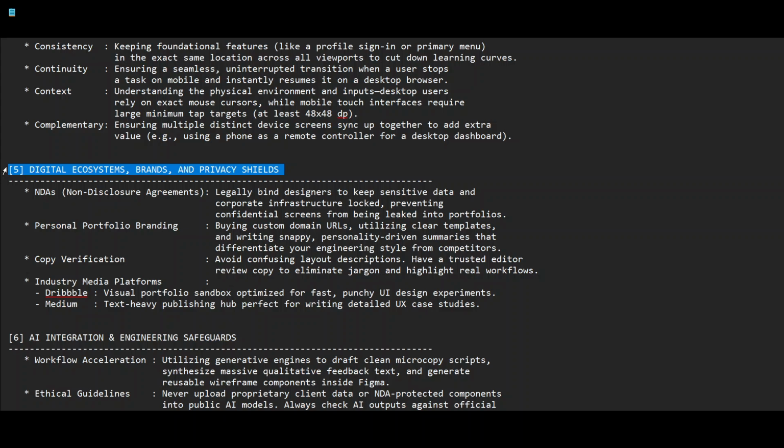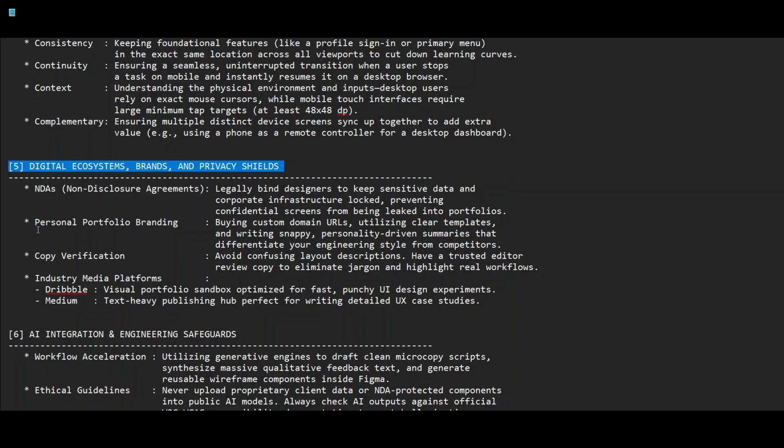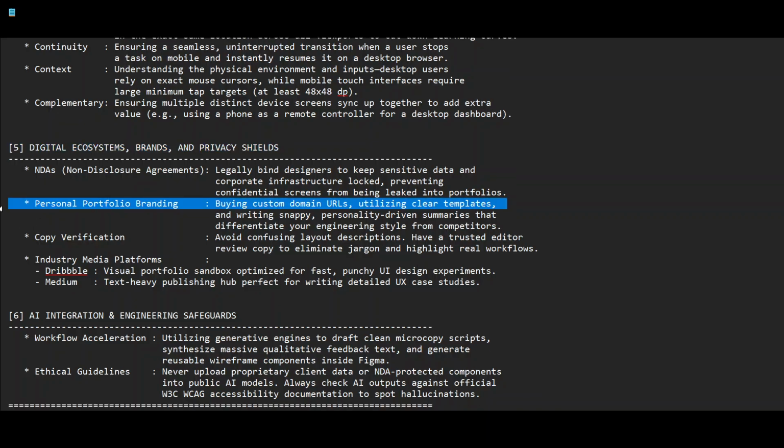That's the thing. The fifth, digital ecosystems, branding, and privacy shields. NDAs, non-disclosure agreements, legally bind designers to keep sensitive data and corporate infrastructure, preventing confidential screens and data from leaking. Then personal portfolio branding: buying custom domains and URLs, utilizing clear templates, and writing snappy, personality-driven summaries that differentiate your engineering style from others.